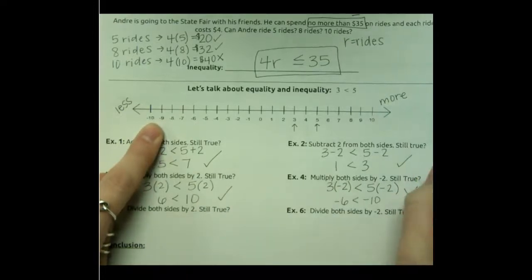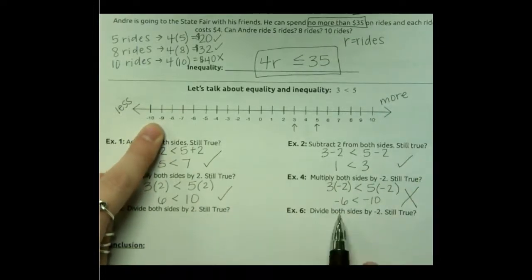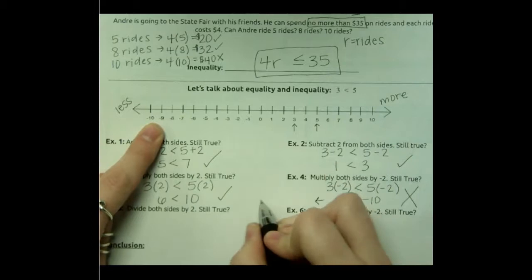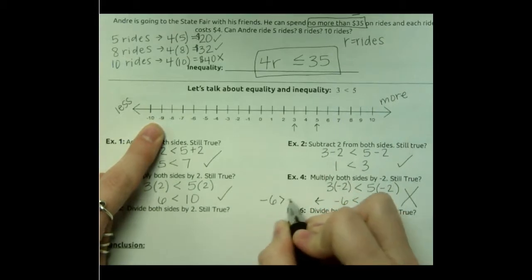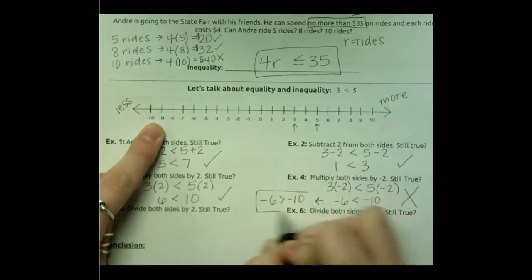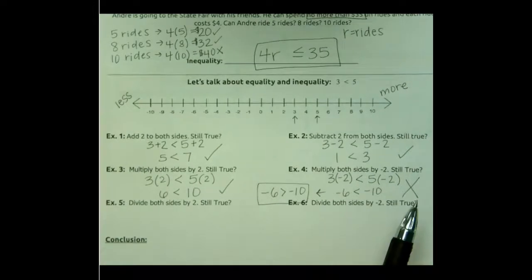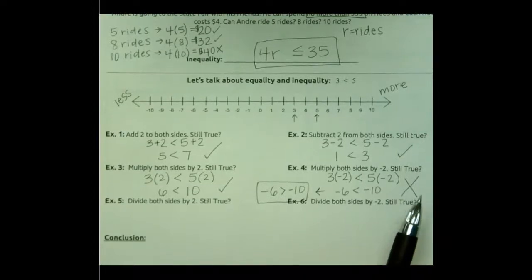So this is not true. We could change it though, and we could say negative 6 is greater than negative 10, and that would be true. So all I did was take the symbol and flip it the other direction. That's how I made it true. It wasn't true until I changed it.